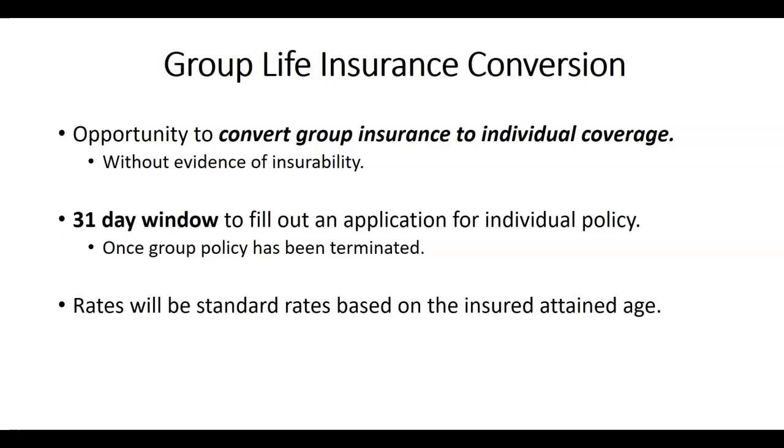You get the opportunity to convert your group insurance to an individual coverage without evidence of insurability, just as long as it's within that 31-day window of opportunity to switch your group insurance policy to an individual policy.